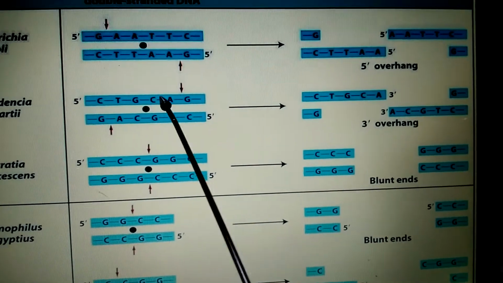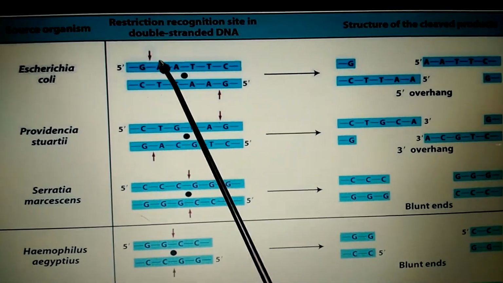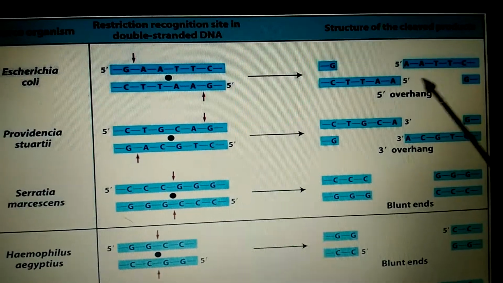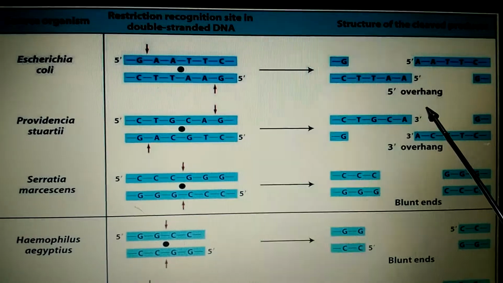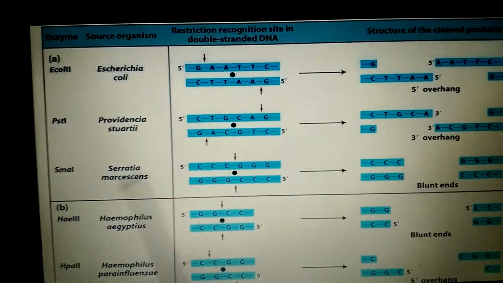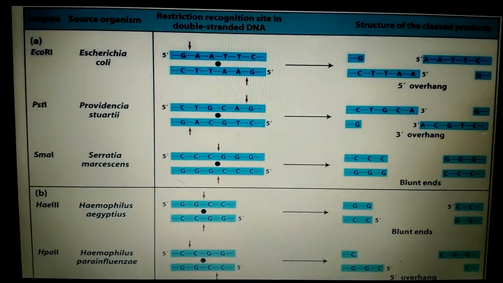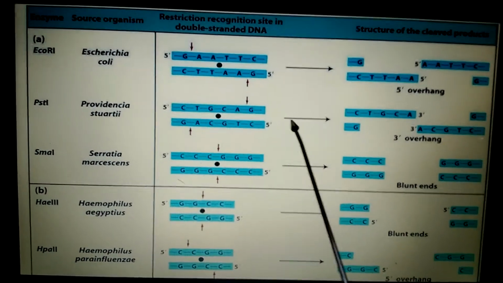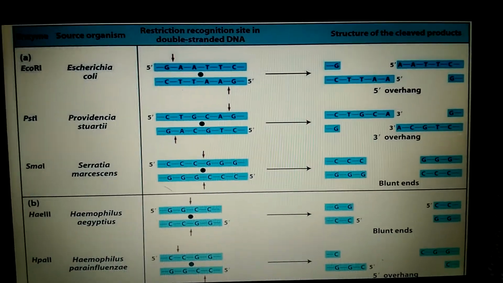And when it is cutting at the ends like this, in between G and A here and in between G and A here, then it produces sticky ends or overhang ends. So these two types of ends are produced by different restriction enzymes. These are examples which you can easily note down, and these are the sequences recognized by the specific restriction enzymes.